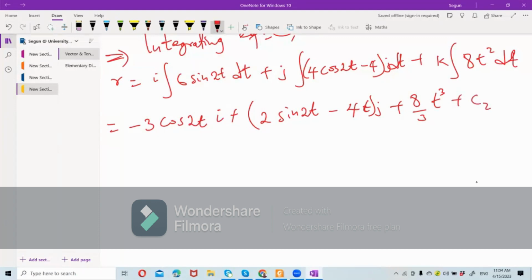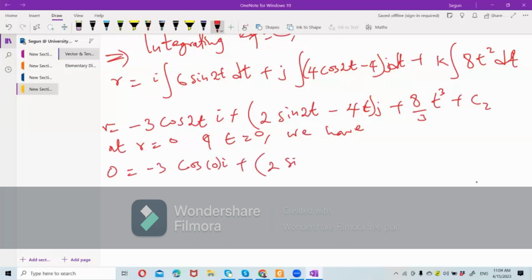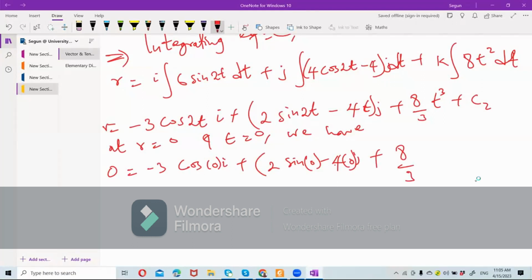Then we make r to be 0 and t to be 0. At r equals to 0 and t equals to 0, we have 0 equals to minus 3 cos of 0 i plus 2 sine 2 times 0 minus 4 times 0 j, then plus 8 over 3 of 0 k plus C2.